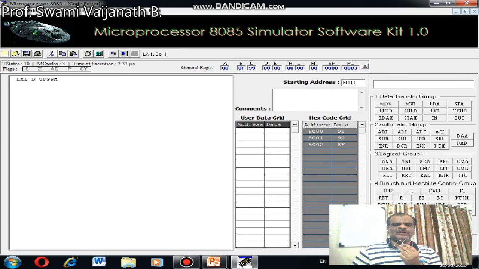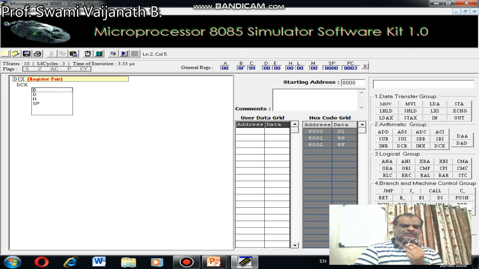After execution, B is 8FH and C is 99H. Then I execute the instruction DCX B. The value of BC is decremented by 1, and after execution B is equal to 8FH, C is equal to 98H, and no flags are affected.